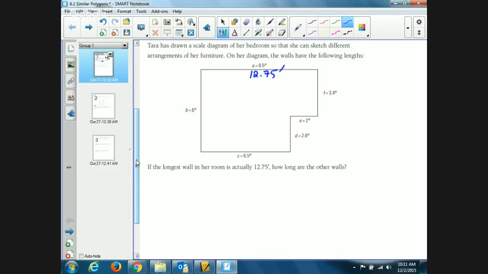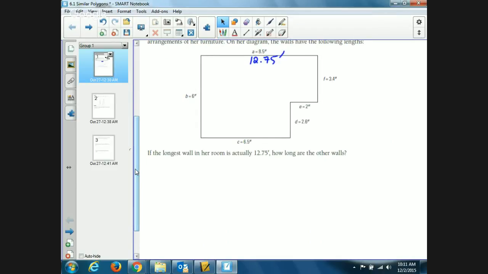So we're going to say 12.75 feet. So I'm going to solve for B here. 12.75 feet is the same as 8.5 inches. What is that in the case of B? Well, B is 6 inches on the diagram. Where does that go, top or bottom? Because we're matching feet on the top, inches on the bottom on the left, so what do we do on the right?